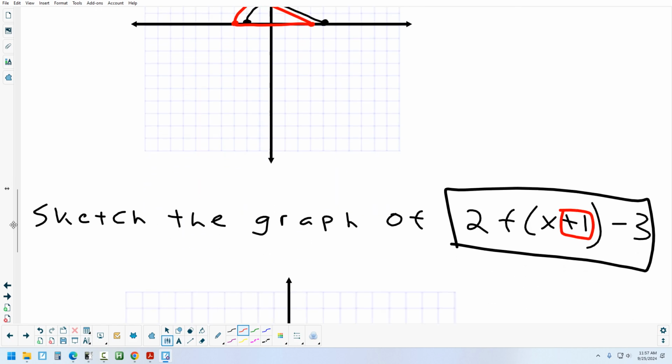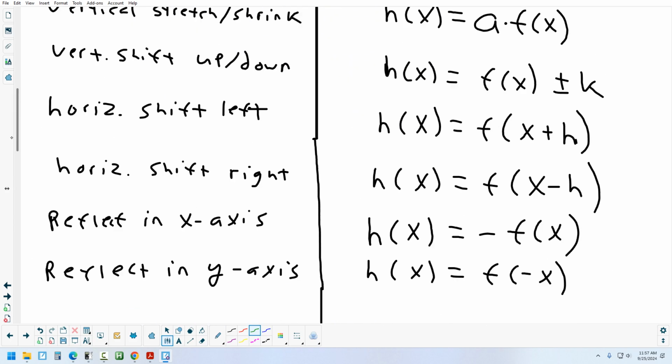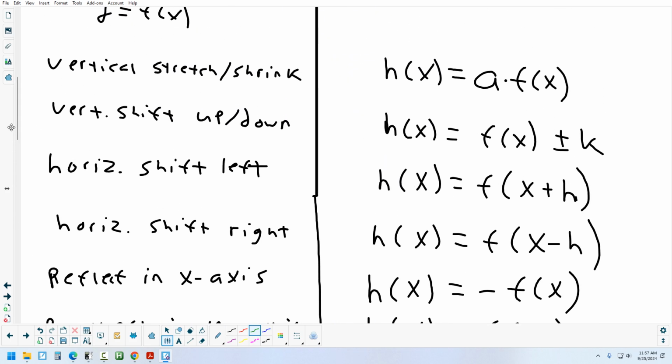Okay, what number would we focus on next? The 2 or the -3? 2. That's multiplying by a number in front. So now we have to know what that does. Let's go back up. What does multiplying by a number in the front of the function do?